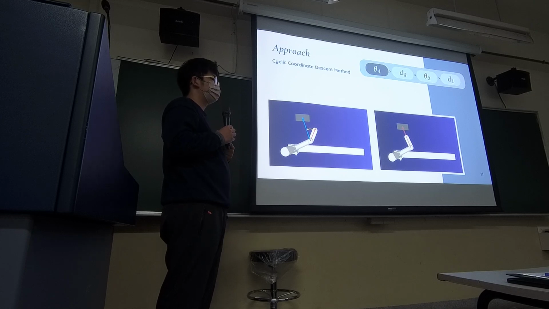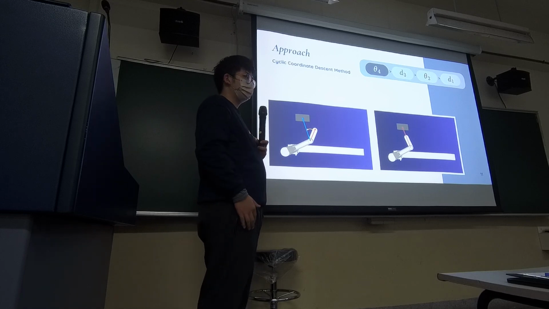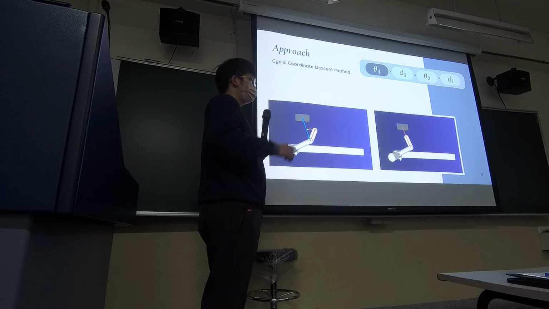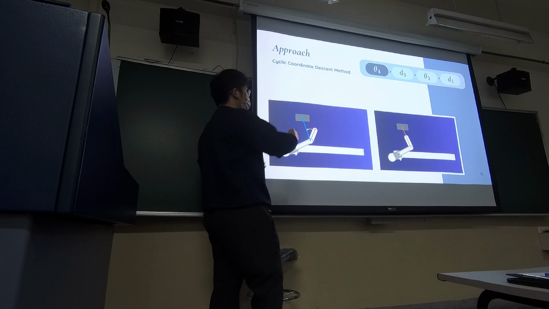Because if the slider is longer than your arm can reach, so if your object is here and your robot is here, you still move your theta 4 first, or you should move your E1 first and then continue for that.